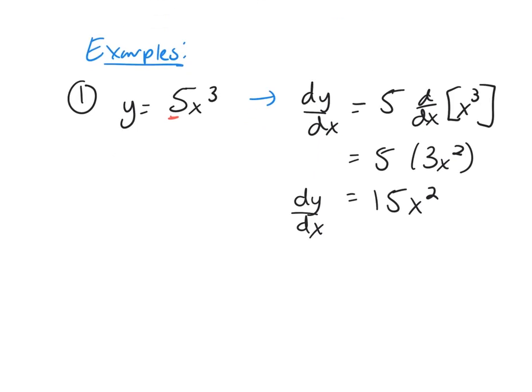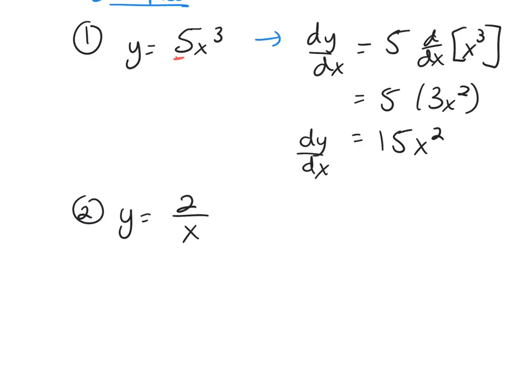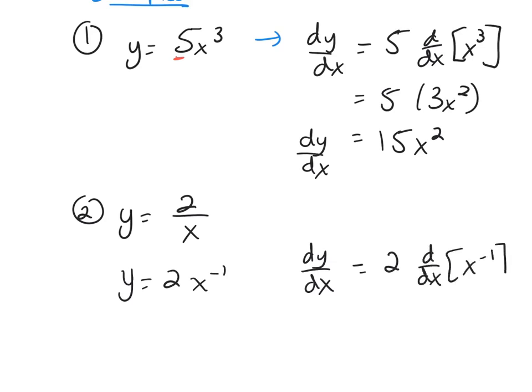Let's look at another one. y equals 2 over x. So we're going to start by rewriting our function y. It's 2 times x to the negative first. And when I'm taking the derivative, we leave that 2 alone. 2 times the derivative of x to the negative first.